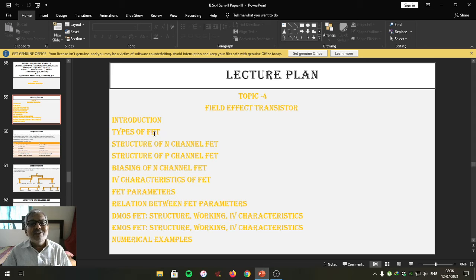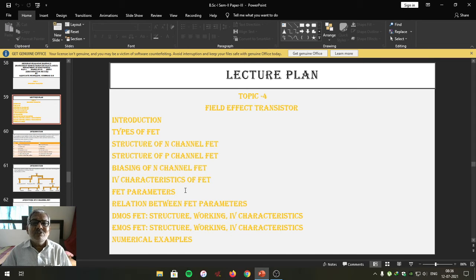After that, we are going to study the structure of the N-channel FET and also the structure of the P-channel FET. But hereafter, we are going to concentrate only on the N-channel FET, where we are going to cover biasing of the N-channel FET. Then we have to study current voltage characteristics of the N-channel FET, obviously.